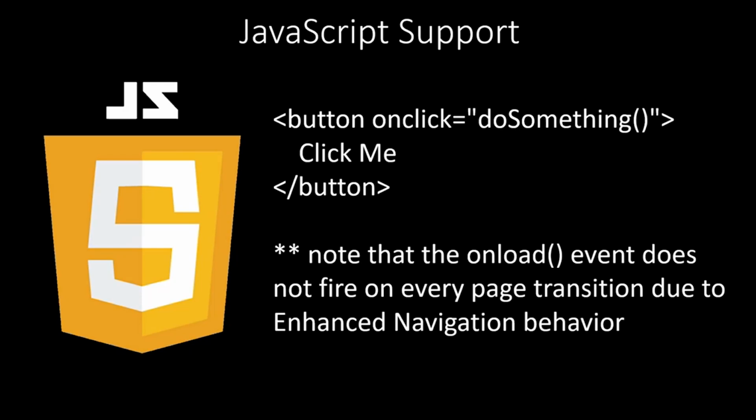So you can use a standard on-click handler, right? This would be the standard JavaScript-based on-click handler to call some kind of a method. And so with this, you can use traditional JavaScript, right? You can have a JavaScript library that's loaded with your methods declared, and then from your HTML code that's rendered, you can call onClick and it'll trigger that method.